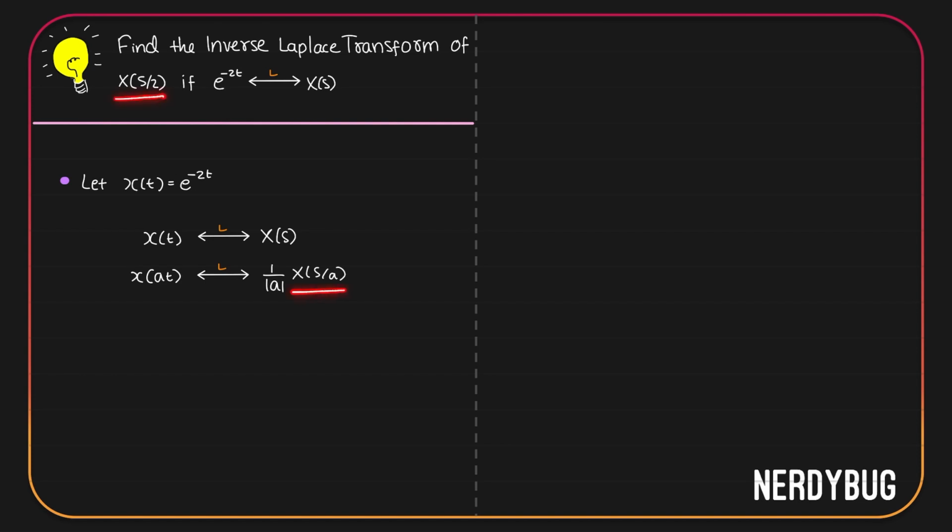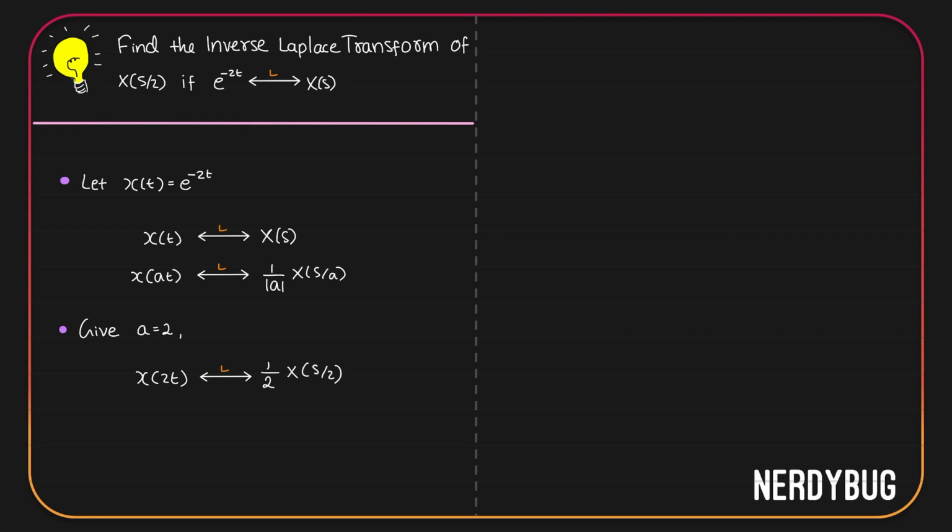What we have here is x of s by a. To get that, we have to put a is equal to 2. Then we get x of 2t has its Laplace transform 1 by 2 x of s by 2.